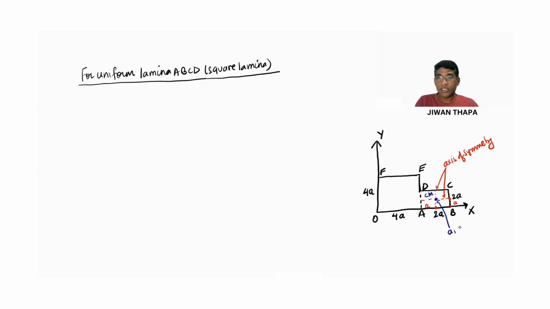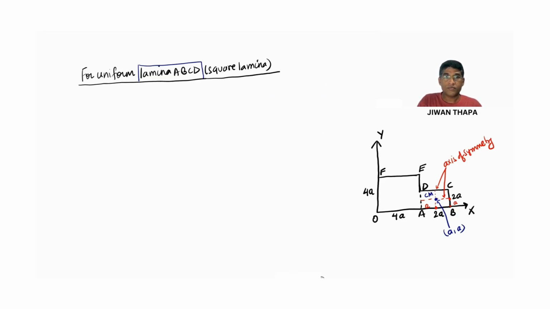So the coordinate is A comma A. As I said earlier, we use this formula: mass of this lamina equals its area times rho.